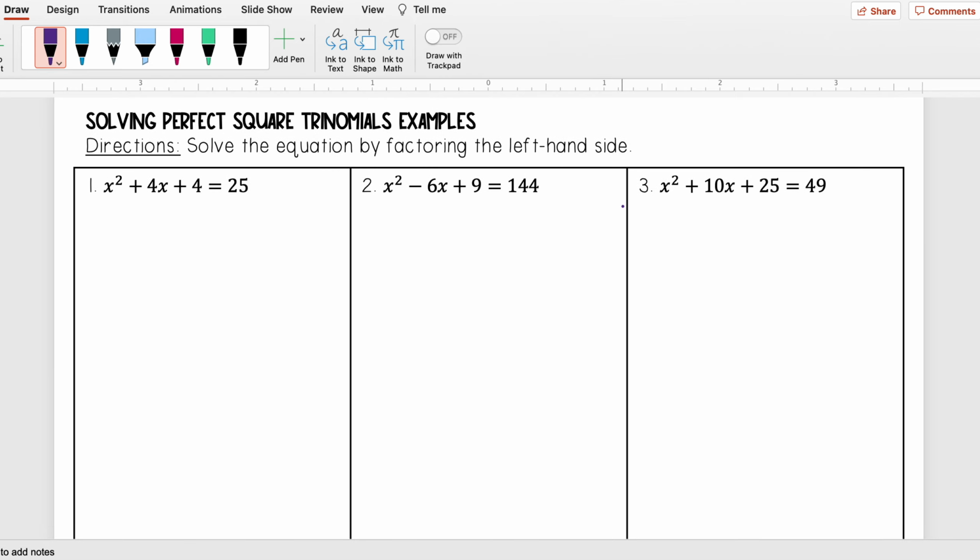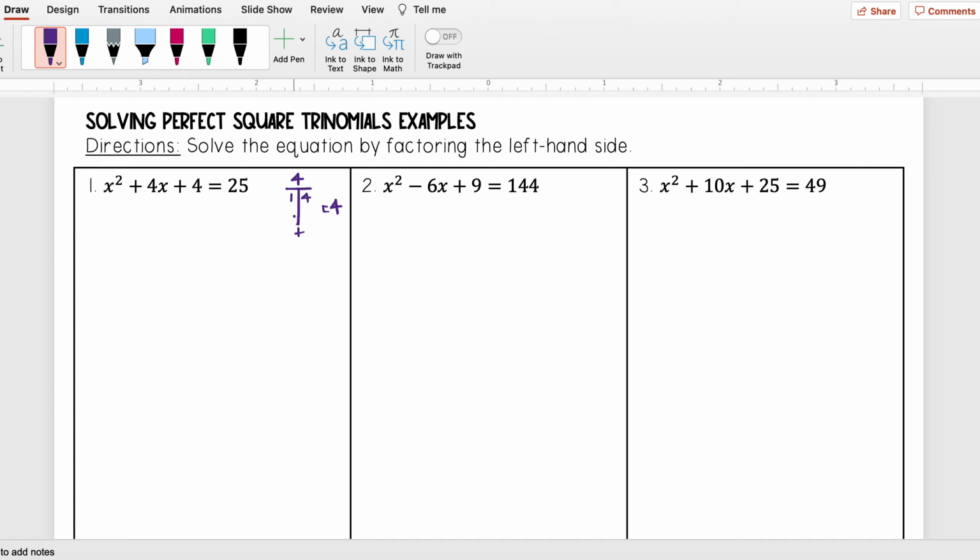So I want to solve the equation by factoring the left-hand side. My first step is I see that a here is equal to 1. So I'm just looking for two numbers that multiply to c and add to b. So two numbers that multiply to 4 and add to equal 4.